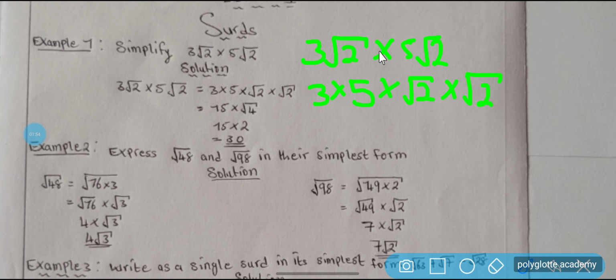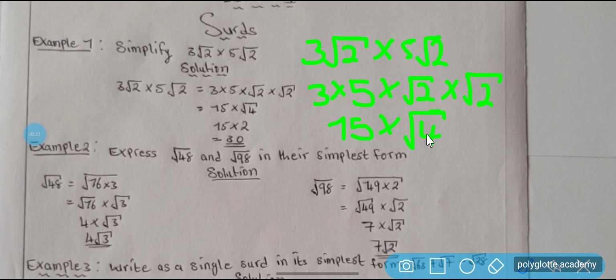So we're going to take 3 times 5. That's the ones that are outside. And we are going to take root 2 times root 2. So this one will boil down to 3 times 5, which will give us 15, times root 2 times root 2, which is going to give us root 4.